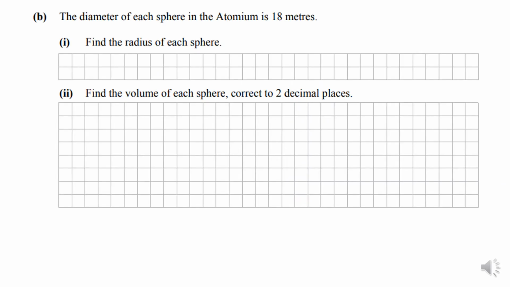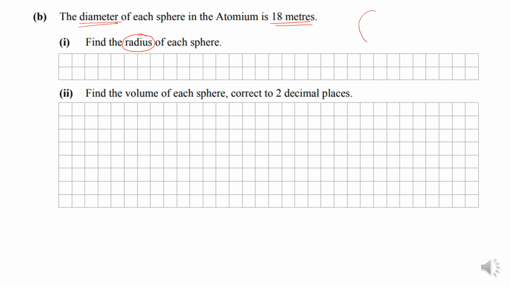Now on to areas and volumes properly. Part B, the diameter of each sphere in the Atomium is 18 meters. Find the radius of each sphere. So we're asked for radius and we're given the diameter, which is 18 meters.